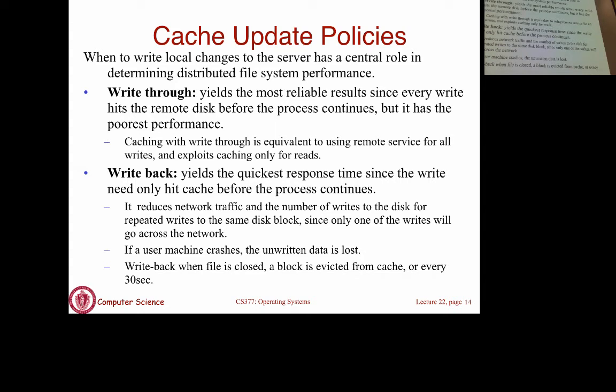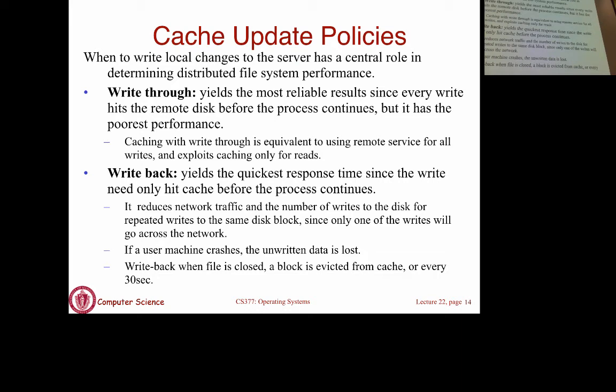Okay, write through caching. First, let me ask, do you remember write through and write back? So write through essentially says whenever you make a write to your copy, you send those changes immediately to the master copy. Your writes are actually going through the cache and hitting the master copy.